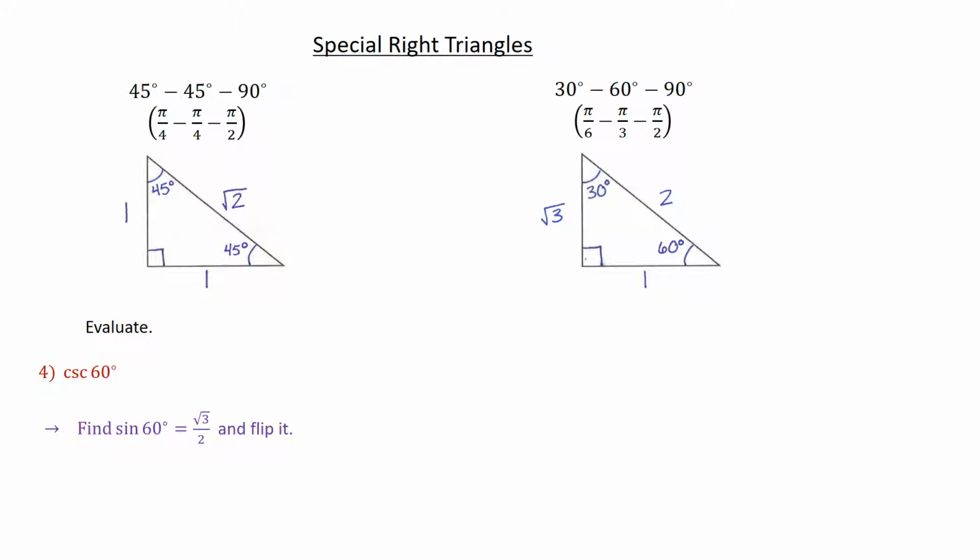The hypotenuse is 2. So sine 60 is root 3 over 2. So we're going to flip that over to get cosecant. So we have 2 over root 3, and when I rationalize that by multiplying the top and bottom by root 3, I get 2 root 3 over 3.